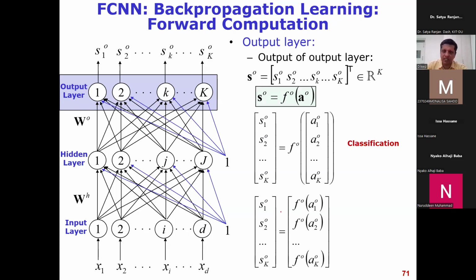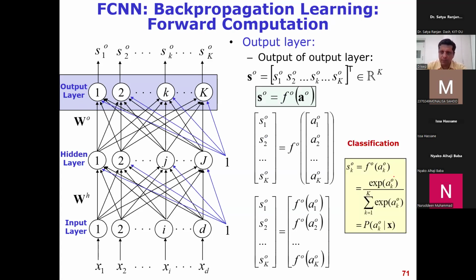Here the activation function we are applying is called the softmax activation function. Basically, it is the exponential of the kth output activation value divided by the sum of the exponentials of all the activation values. It makes the value of S_K, the output of the output neuron, lie in the range 0 to 1.